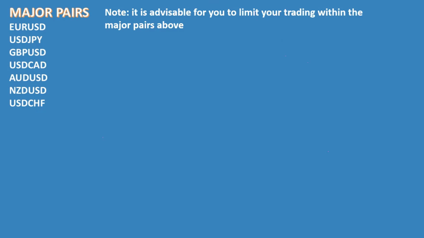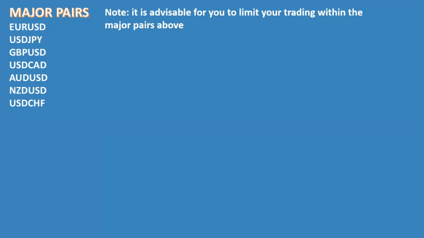Those exotic pairs, it's just like trading United States dollar versus Nigerian naira. The margin, the spread is too much. All right, it's not encouraging. Trading it is not that encouraging. You can, but it is not that encouraging. But these ones, their spread is very close.